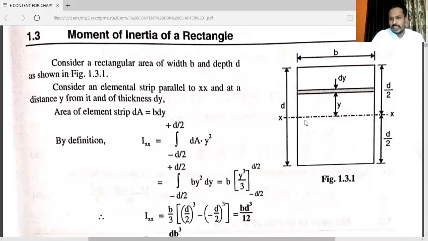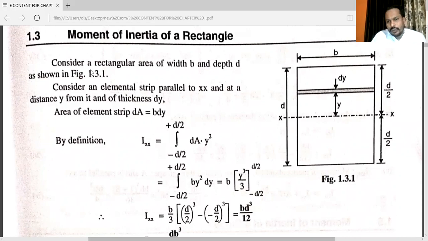See, here the positive distance d by 2, the entire depth of the rectangle, that is d. So half distance is above the centroid point and half distance is below the centroidal axis. So this distance is also d by 2.